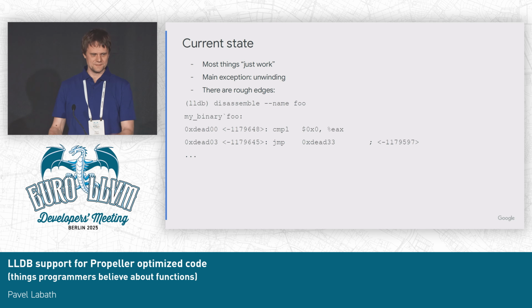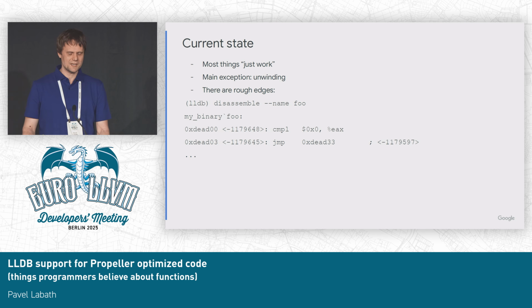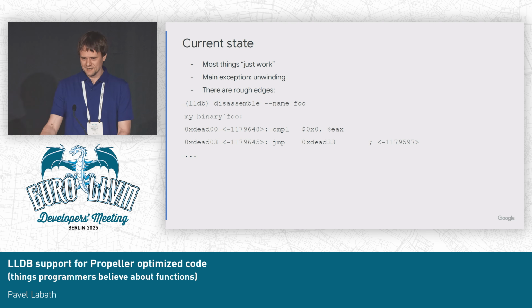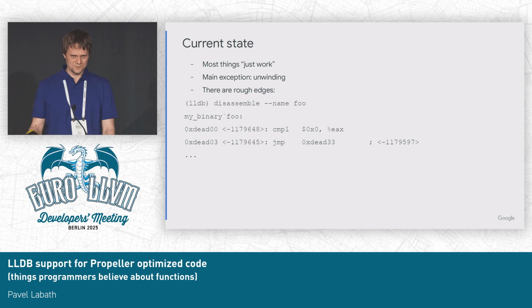Some of the behavior of LLDB may come off as a bit surprising. So, for example, if you try to disassemble one of these functions, you may get output like this, which is not wrong, but you would be forgiven for thinking this is an LLDB bug if you come across it.